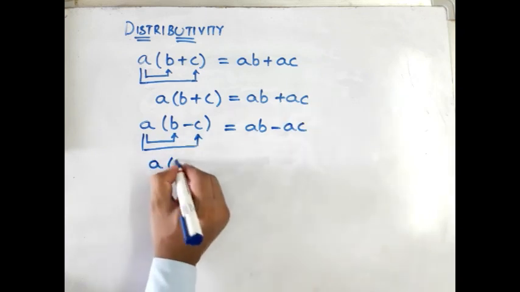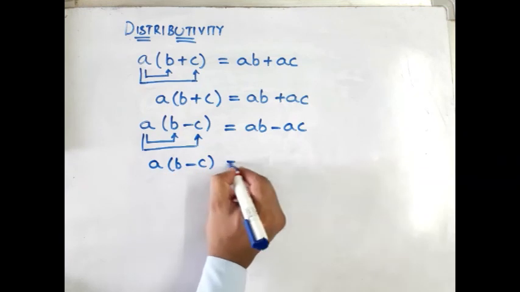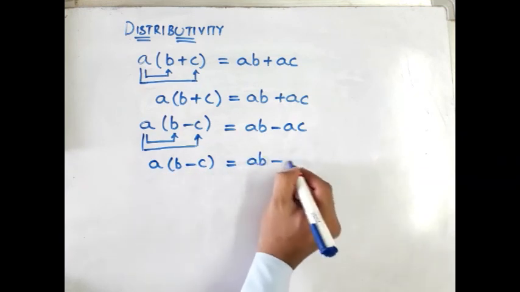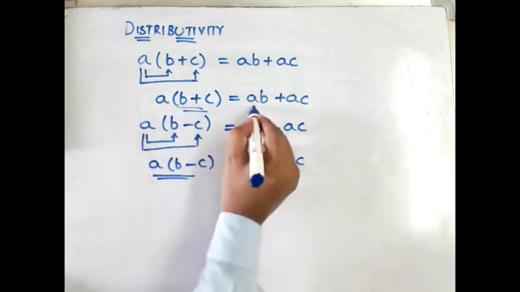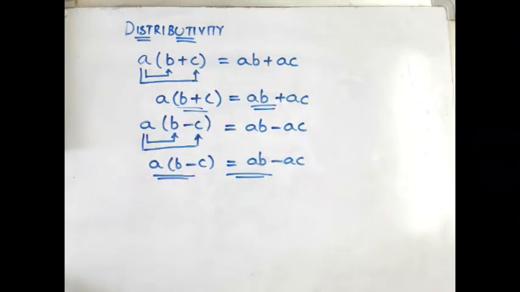Therefore, a into (b minus c) is equal to ab minus ac. So this one and this one are the two properties which come under distributivity. Hope you are clear. Using this, we are going to solve problems in the exercise so that you can get a clear idea on how and where to use these properties.